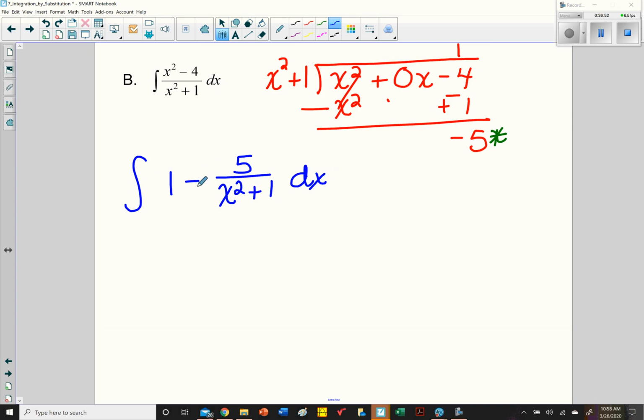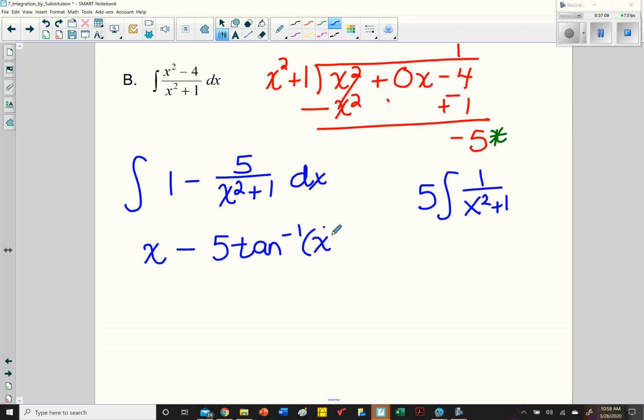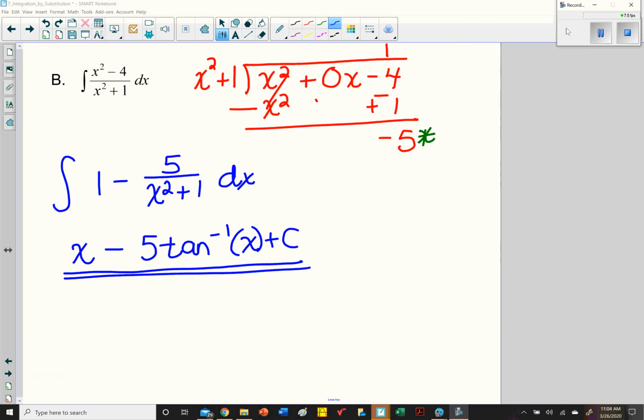And integrating 1 is just x, but integrating 5 with 1 over x squared plus 1, this is the inverse tangent. So 5 inverse tangent of x. So let's just make a note of this down at the bottom.